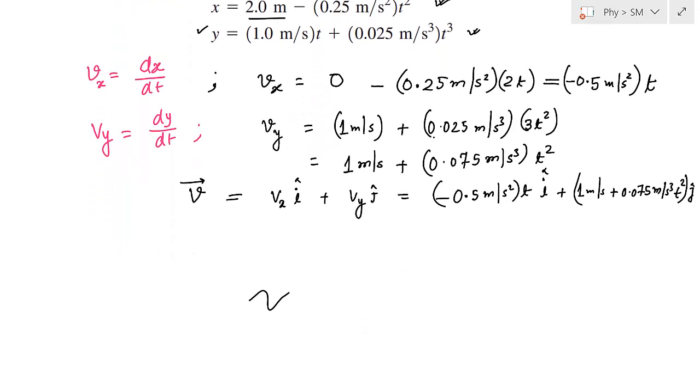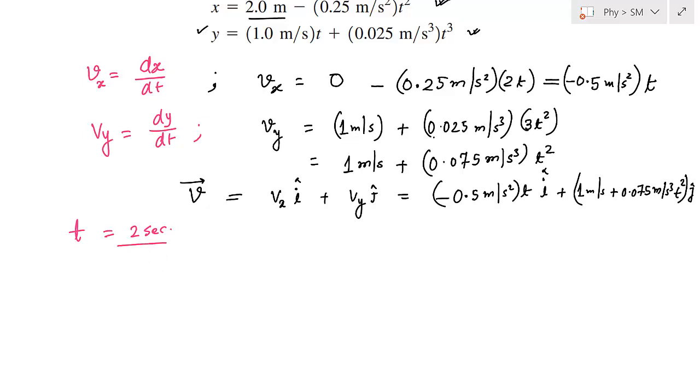So now I know the velocity and it is in two directions because the Vx component is there and the Vy component is also there. So we can calculate this velocity at different instants. For example, in this problem it is said that we have to calculate this velocity at t equals 2 seconds. So let us plug in t equals 2 seconds.